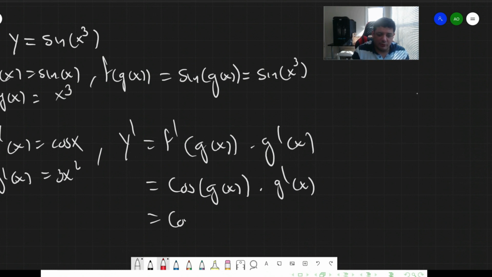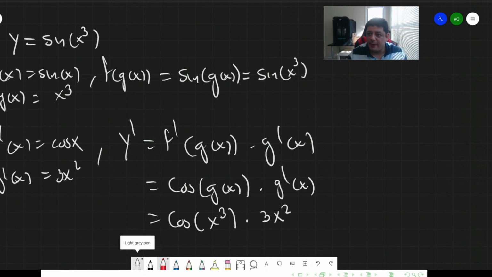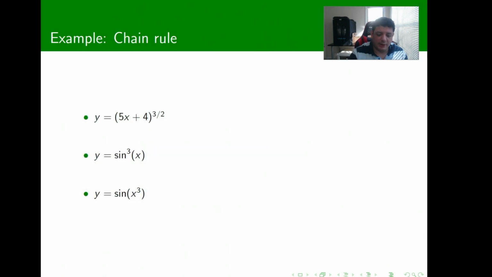So cosine of g of x, which is x cubed, times g prime of x, which is 3x squared. Okay, so now the main derivative is the cosine. The main function here is the cosine, so we take the derivative of the cosine times the derivative of the function inside, which is 3x squared. And so that's the basics of how the chain rule is operating.